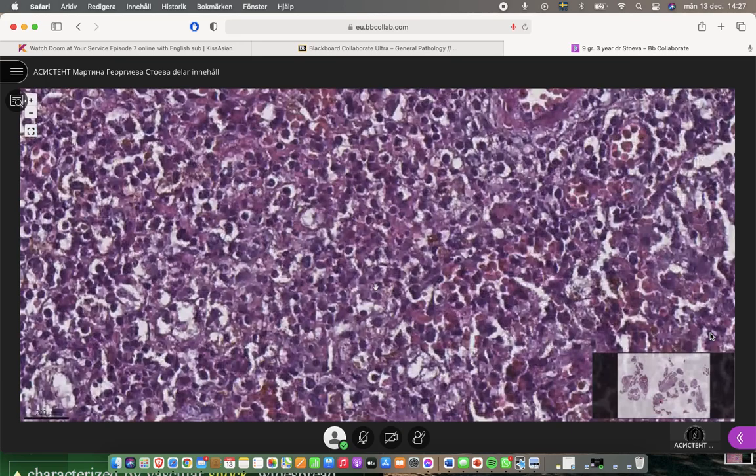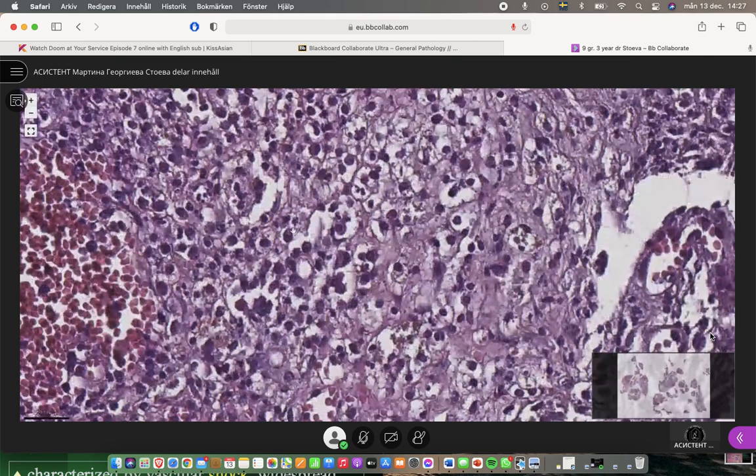Here again there is a polymorphonuclear cell. Some plasma cells, these 2, even 3. We can see the nucleus and cytoplasm on the other side. Lymphocytes, just like dots. Here as well.